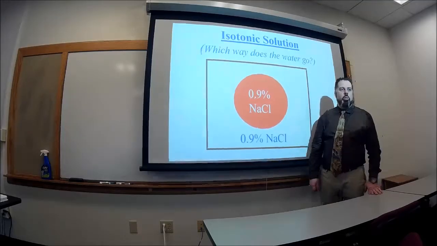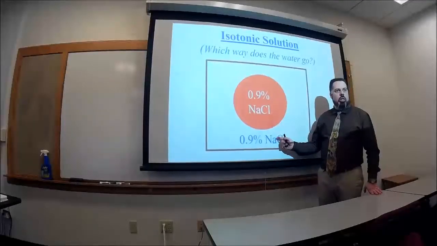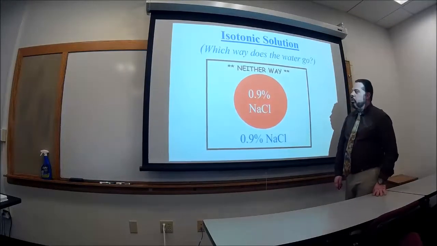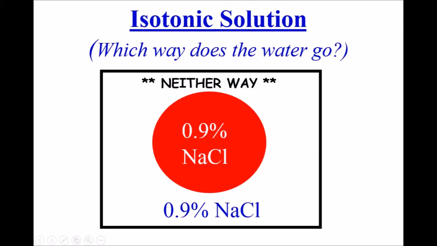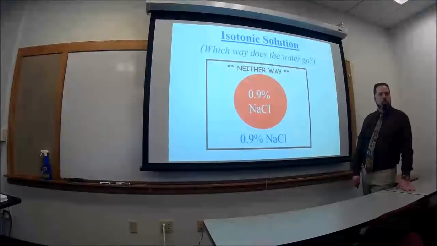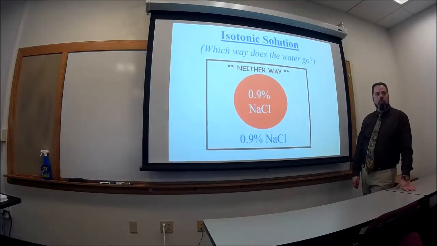What happens to the fluid there? Does it go into the cell or out of the cell? Neither, right? That's what we want. Okay? Neither way. And that's what we call an isotonic solution. That's why we give 0.9%.